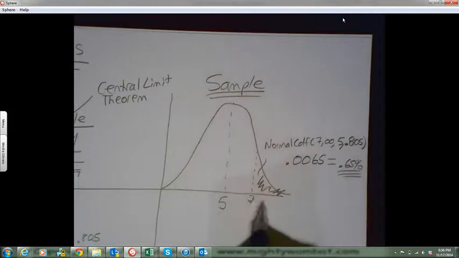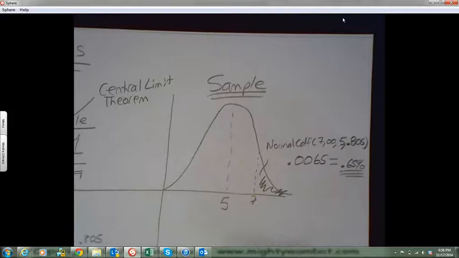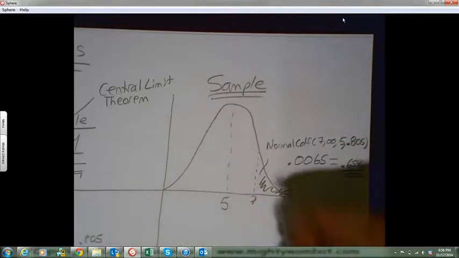So in other words, in part D, I'll even go ahead and do D for you, because I want to think through the logic. D says, would this, and this being more than 7 widgets are messed up, make me feel like the machine was defective, or the machine was malfunctioning? Absolutely. Because the probability that more than 7 are defective is only 0.65%.